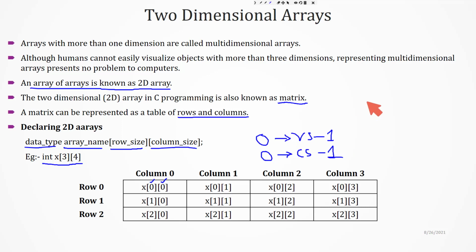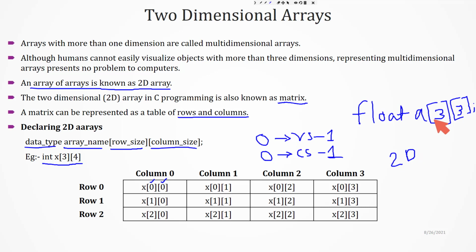Yes, sir. So suppose I have float a of 3, 3. What is the meaning of this statement? Declare a two-dimensional array of type float with 3 rows and 3 columns. The first thing to understand is that 2 box brackets are there, so it is a 2D array.